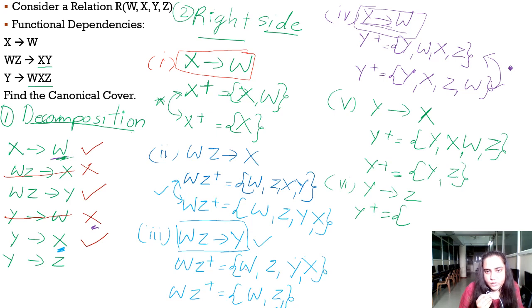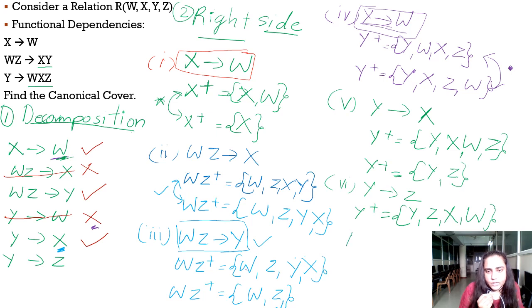Because I'm considering Y determines Z, I have Y and I have Z. And because of the second last dependency, I have X also. So what is remaining? I have X, Y, and Z. I don't have W. Can I get W? Yes. Because of the first dependency, that is X determines W, I can have W also. So I have all the attributes.